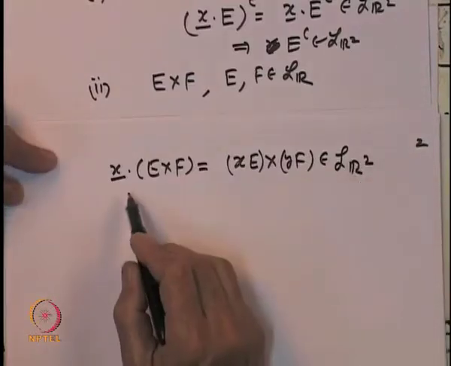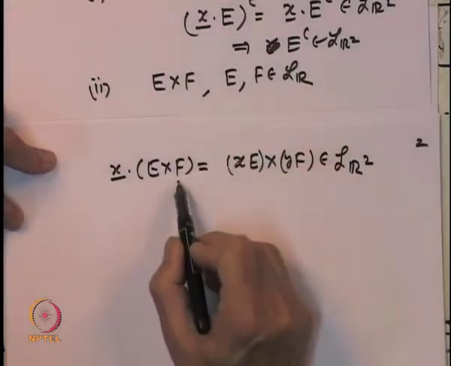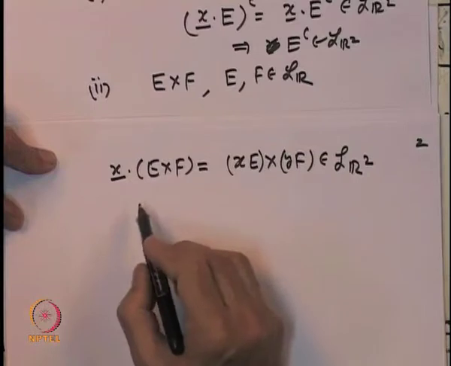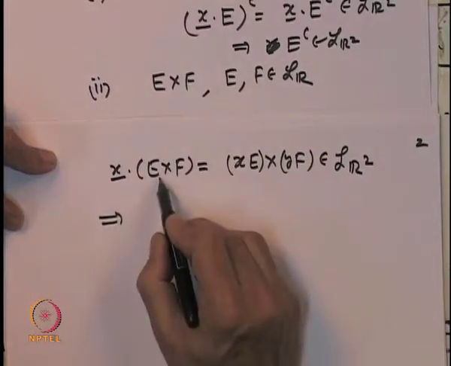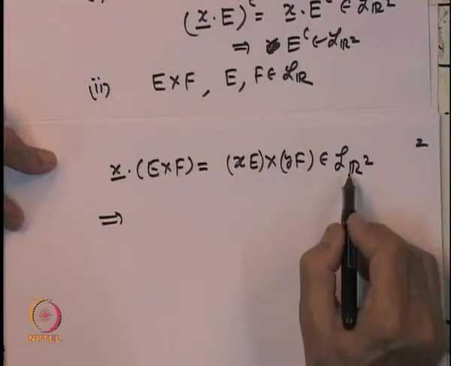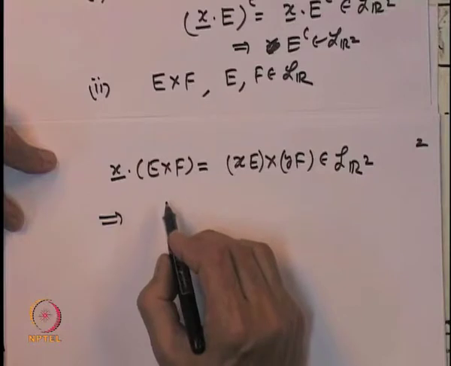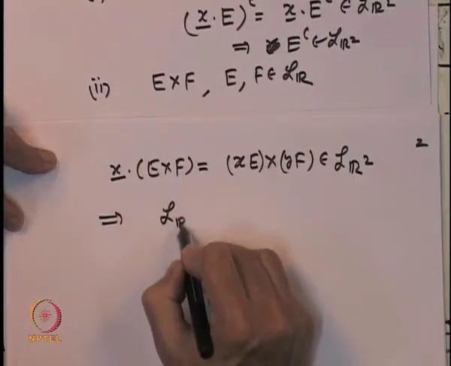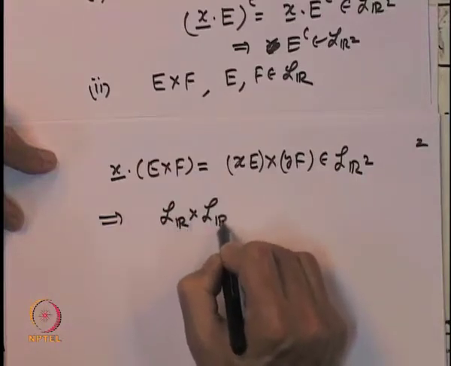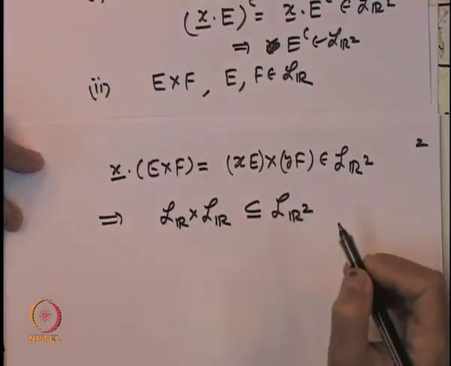So, that means, if I take rectangle sets of the type E cross F, where E is in L of R and F is in L of R, then the rectangle satisfies the property of being in the class A. So, that means, L R cross L R is inside L of R 2.